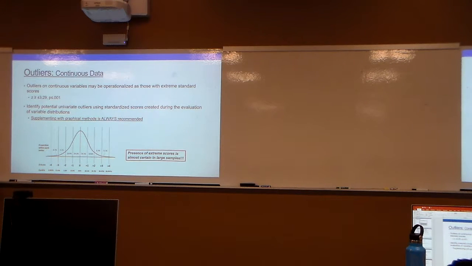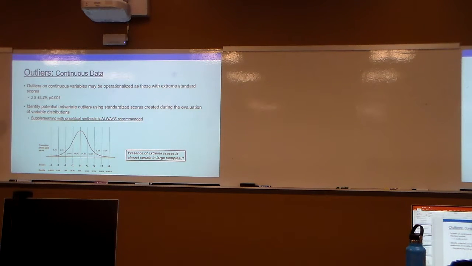Often this is a means of saying, here's our cut point for being a potential outlier. While screening our data, we can create a standardized score that basically says how many standard deviation units a value is away from the mean, and use that as a general rule of thumb.